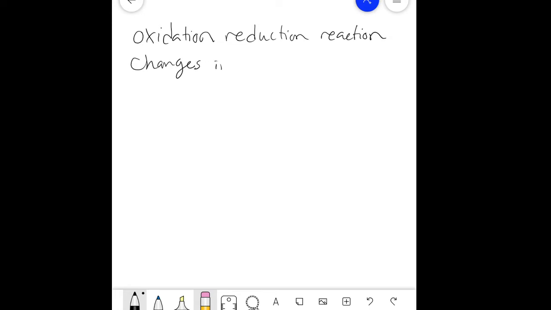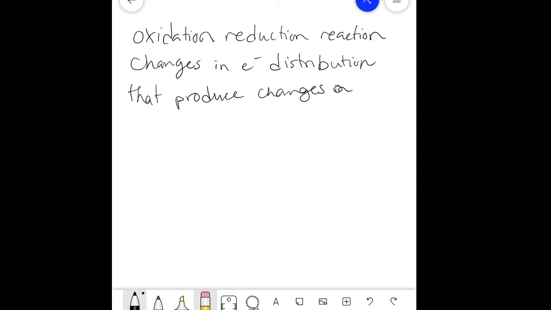So let's start with defining what it is. An oxidation reduction reaction, or redox for short, because I don't want to write that a billion times, is when a reaction has changes in electron distribution that produce changes of charges from the reactants to products.